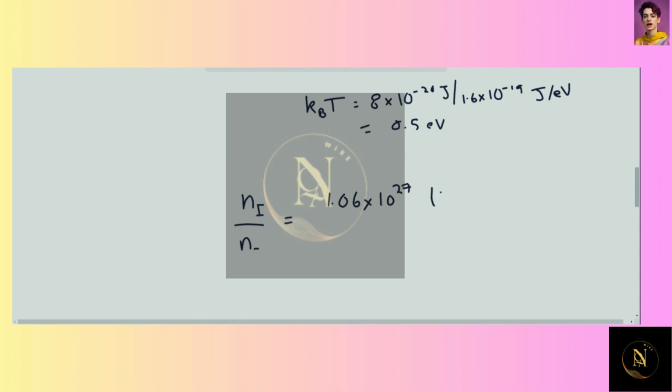There's a factor of 4 from the degeneracies, and the factor of 2 that's already there. Then divide by 10 to the 19th, which is the electron number density. And then the exponential factor is about 0.22. And this comes out to be about 5 times 10 to the 7th.